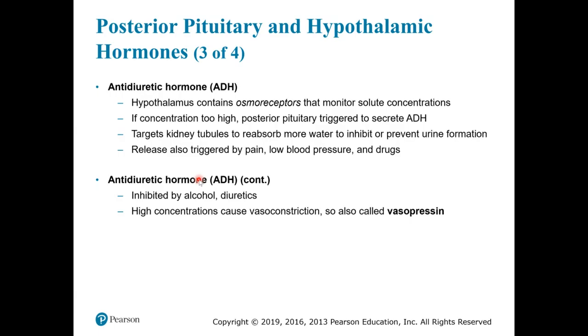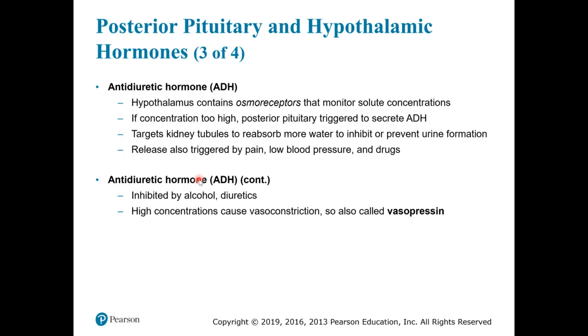The tubules get named accordingly, and they empty into something called the collecting duct. And it's some cells in the collecting duct, not connecting, collecting duct, that are the target cells for ADH. What ADH does is it causes those cells to reabsorb more water. And that way we would make a much more concentrated urine and retain water.